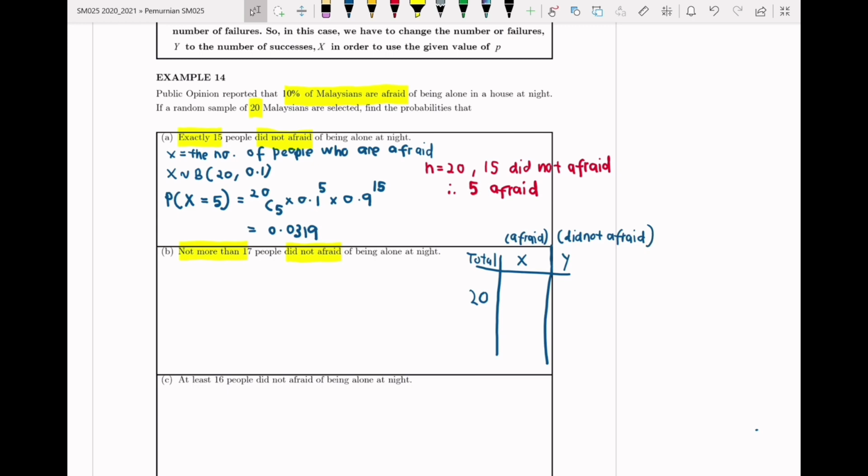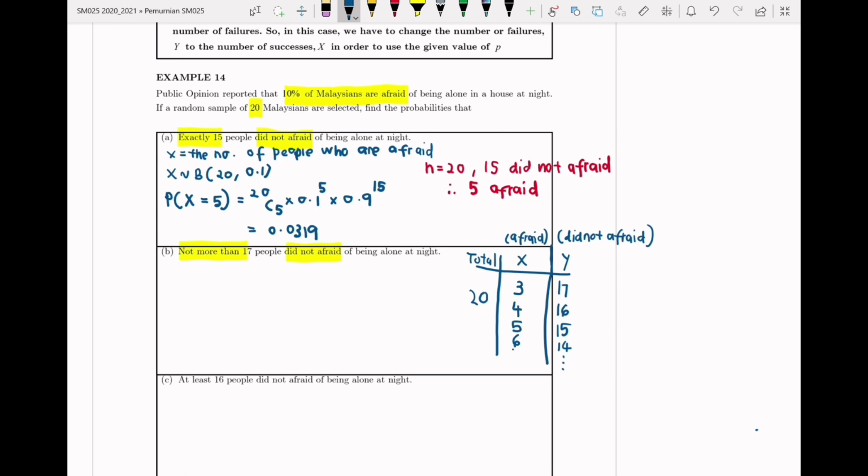If we have not more than 17, that means the maximum number is 17, which means 17, 16, 15, 14, and so on. So from the total 20 people, if you have not more than 17 who are not afraid, that means we have 3 or more people who are afraid.